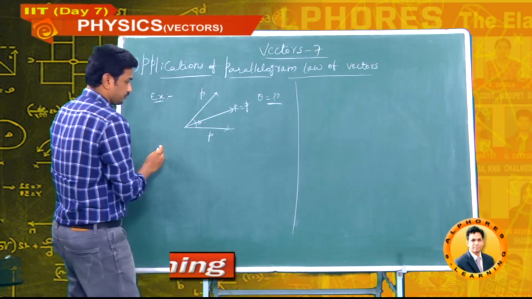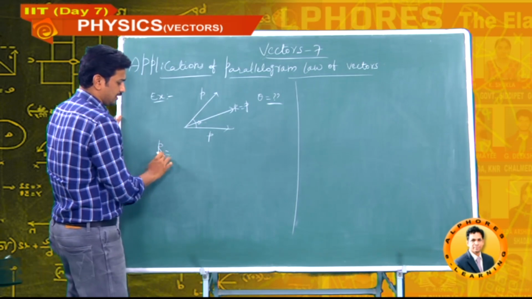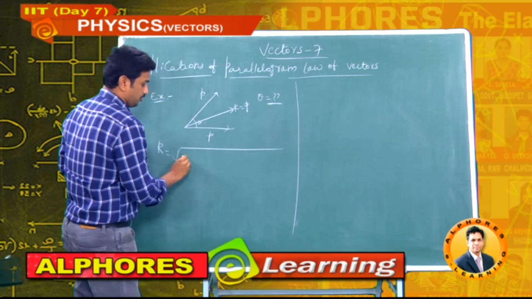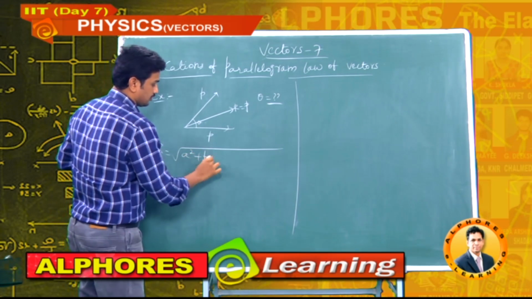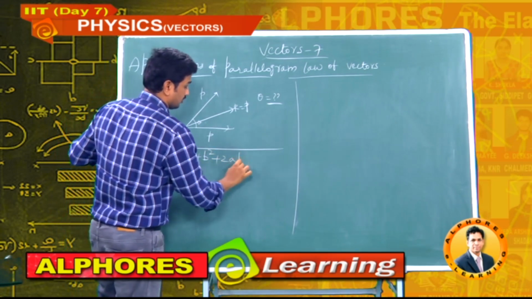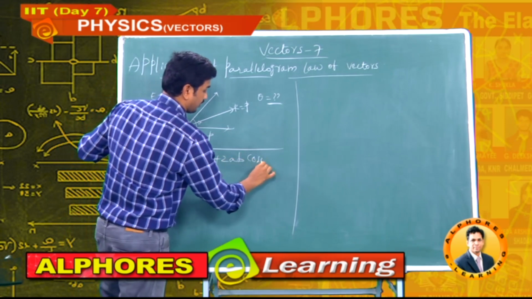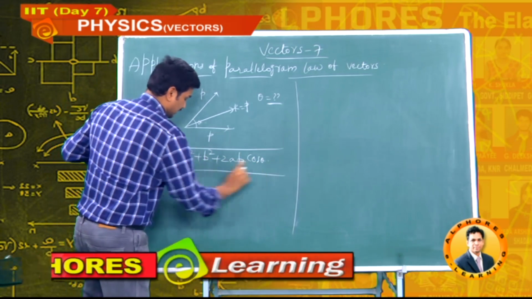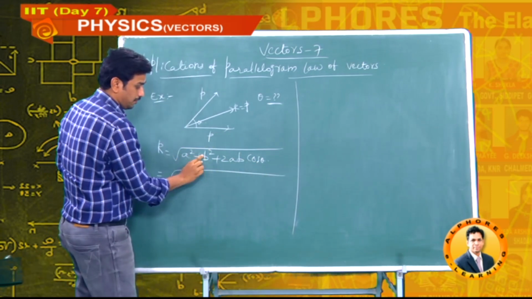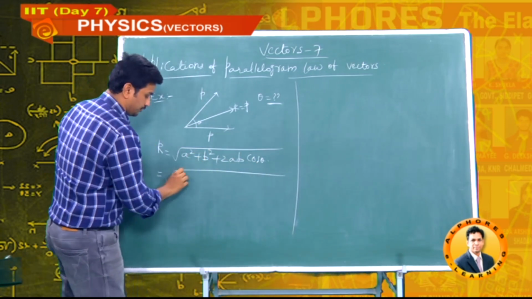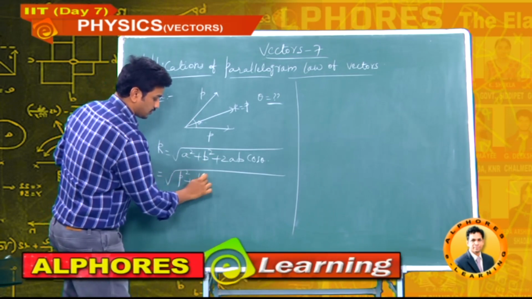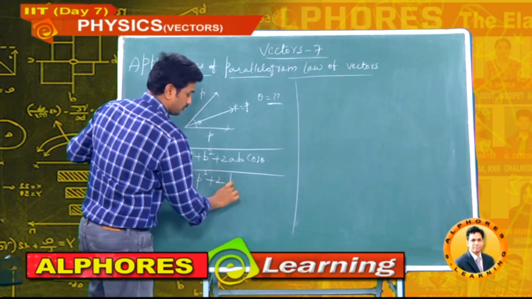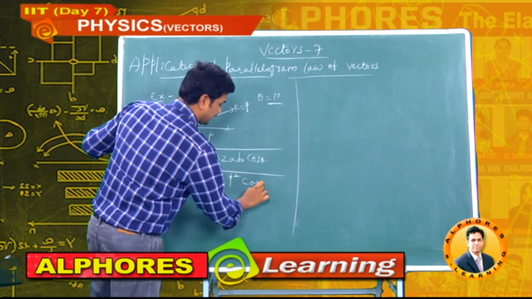What is the formula for the resultant? The magnitude of the resultant is under root a square plus b square plus 2ab cos theta. Now substitute a value P, b value P, so P square plus P square plus 2P square cos theta.